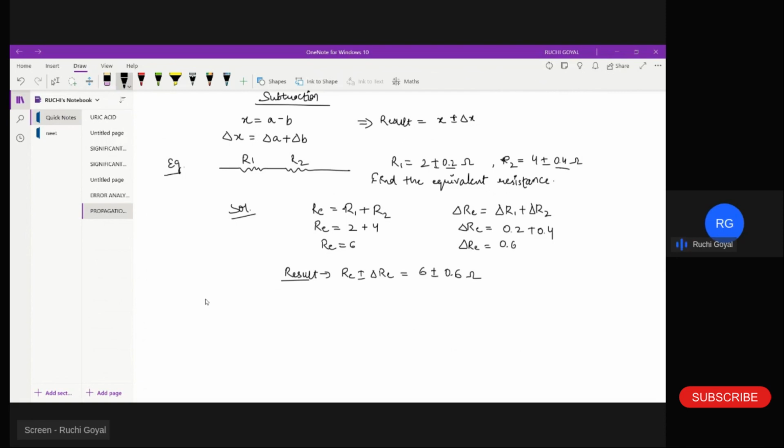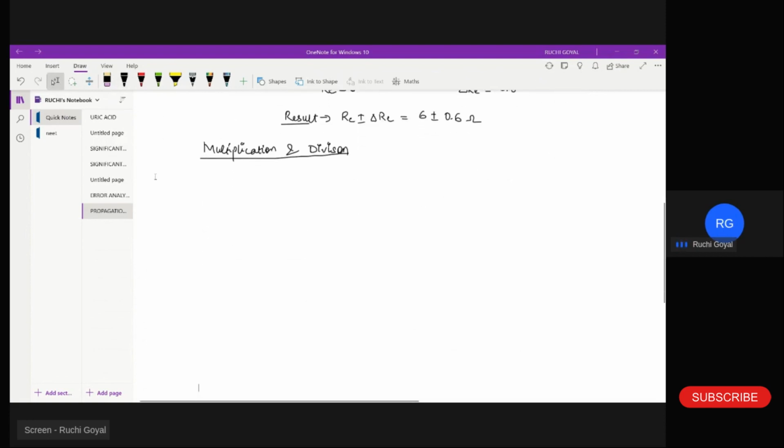Next we have multiplication and division. Right? In the case of multiplication and division, again we can have two equations. Firstly, we take multiplication. Suppose we have an equation x is equal to a into b.